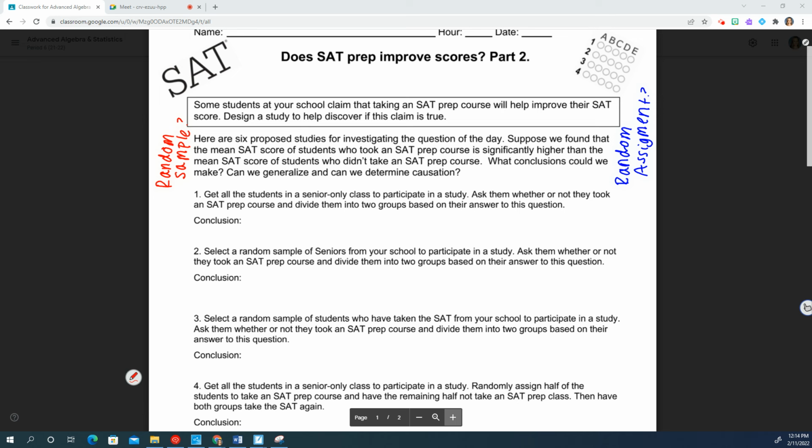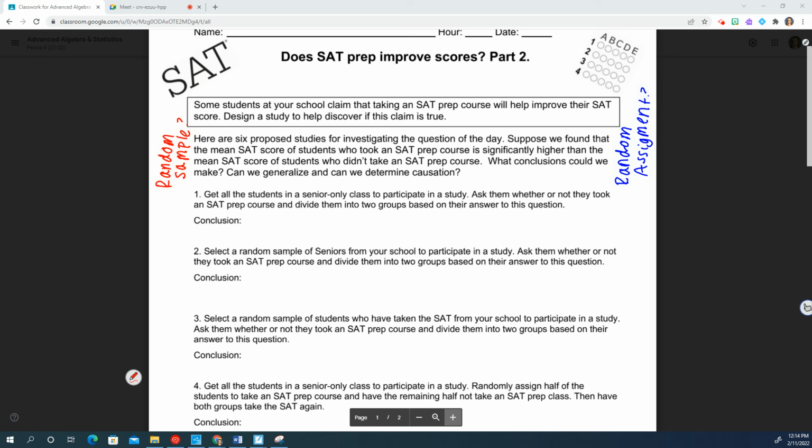So you're just taking one class of seniors to participate in your study. You ask them whether or not they took an SAT prep course, and then you divide them into 2 groups based on their answer to this question. All right, so was this a random sample of seniors?